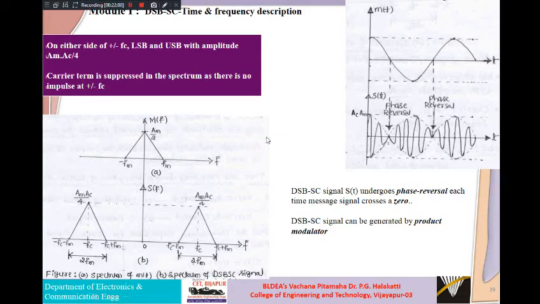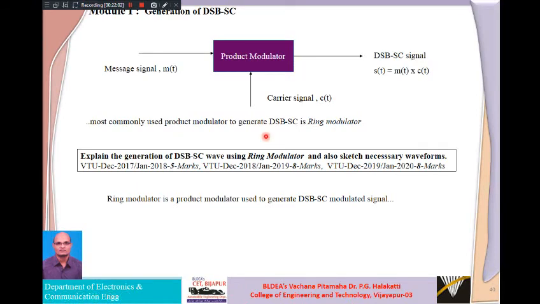Now let us see how this DSB-AC signal can be generated. That AM signal without any suppression of carrier is generated by a switching modulator. With suppression of the carrier, if you want to generate an AM signal with the two sidebands, it is called a ring modulator. You multiply m(t) with c(t), which is called a product modulator, and you get the product of these two.